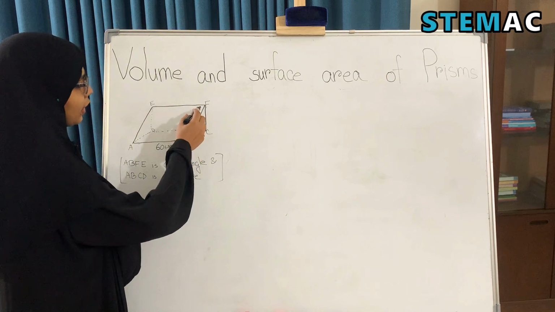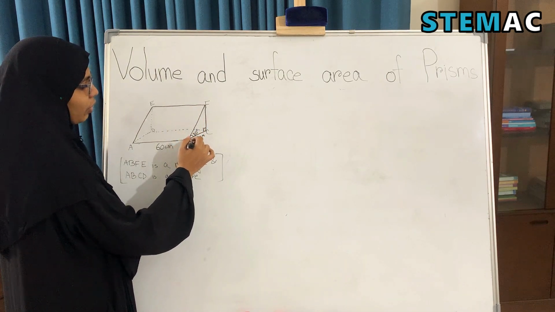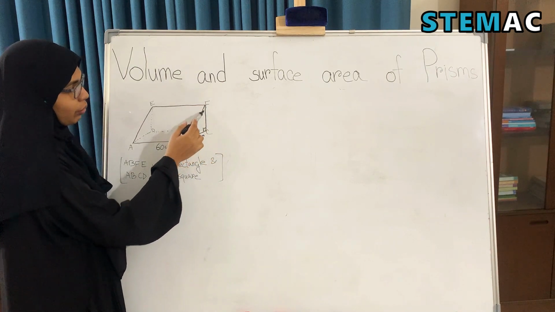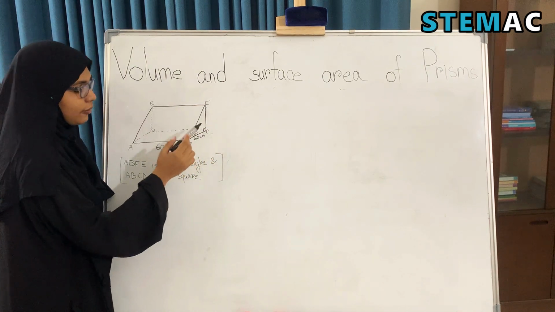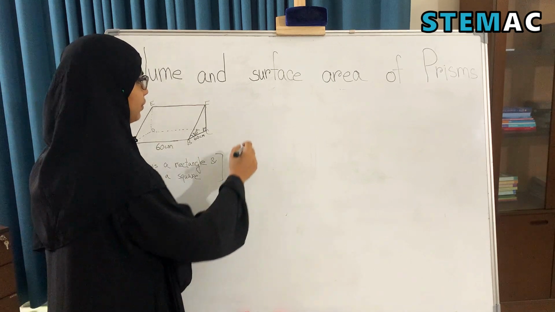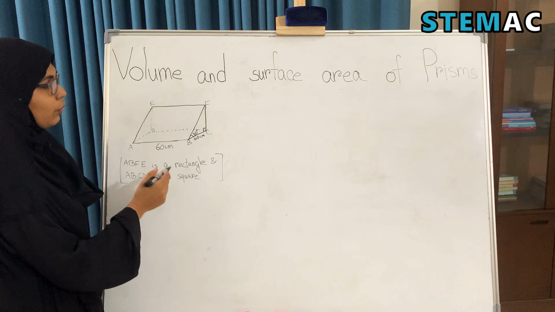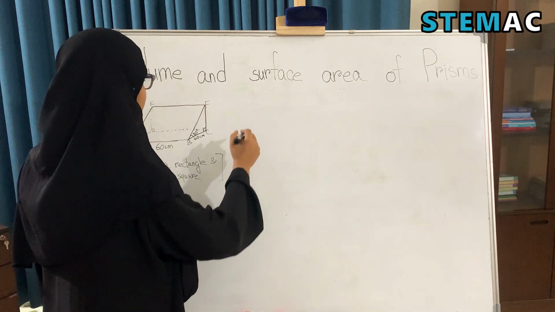To find the area of this triangle, we already know BC, and now we need to know the length FC. To find FC, we can use the sine rule.